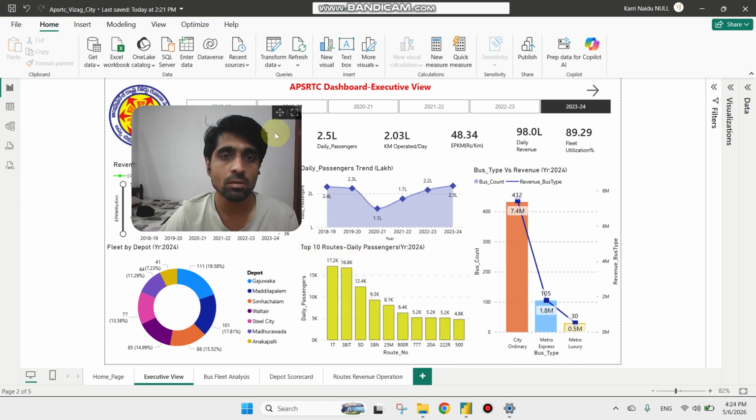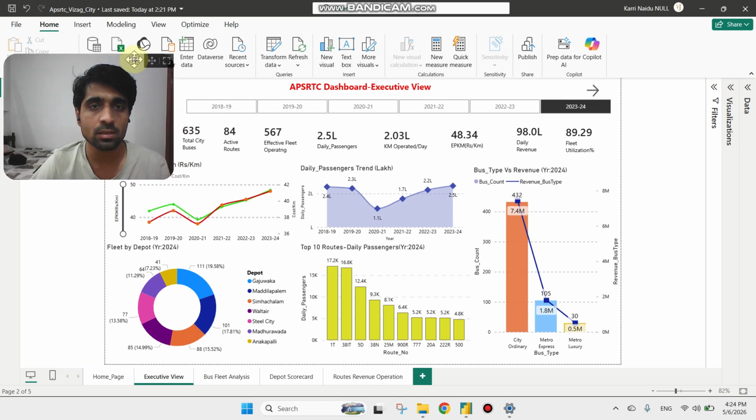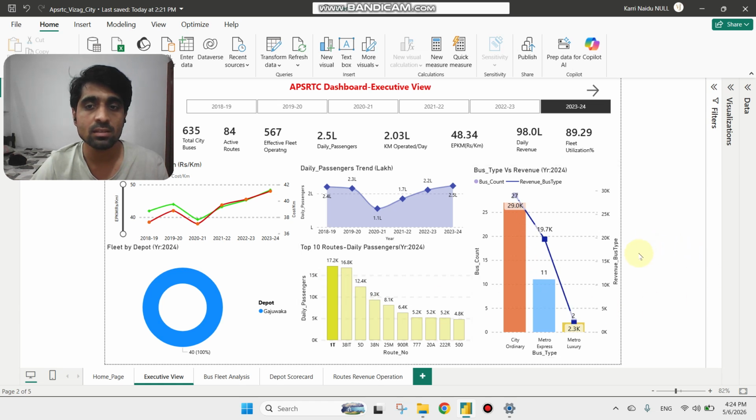Suppose I want to know the top 10 routes based on daily passengers. Here you can observe which route has the maximum number of passengers, but I wanted to know the revenue in the route. So I'll check this. When I check this, you can see the revenue in the particular route 1T. Roughly 40 buses are present in this route, and the revenue is roughly 30K, and around 52,000.